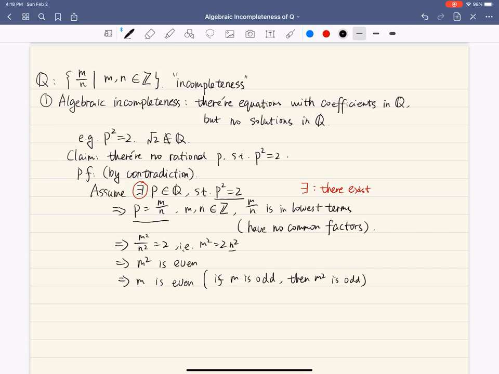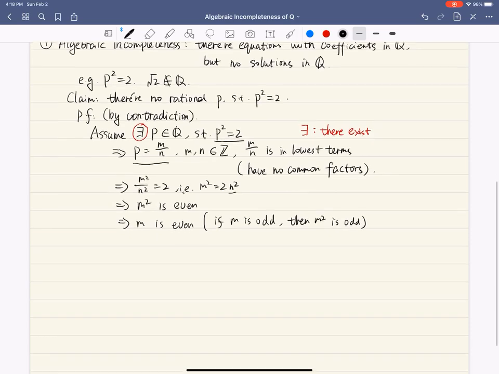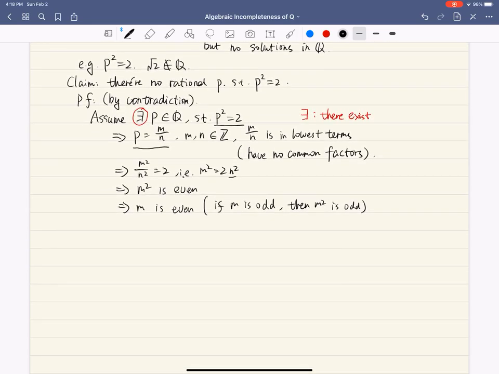So since m squared is even, then m must be an even number. So what do we know about an even number? Well, if m is an even number, then we can write m as 2 times some integer. So m equals 2k for some integer k.